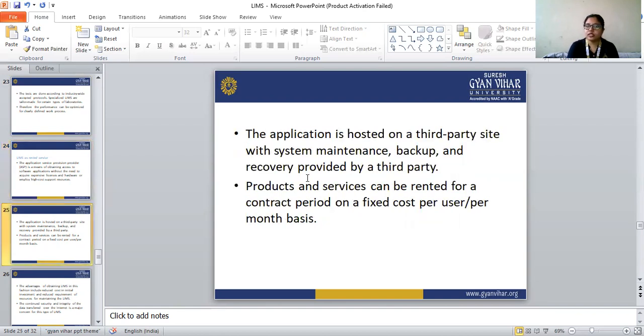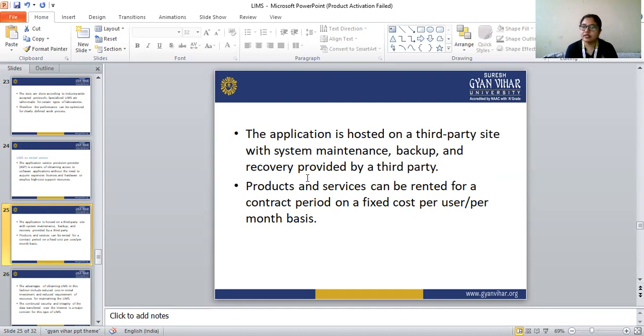The application is hosted on a third party site. This application means tailored LIMS as a rental service, with system maintenance, backup and recovery provided by the third party itself.